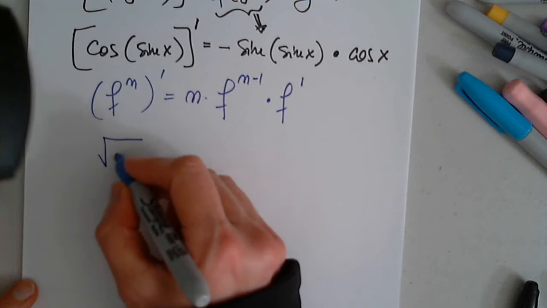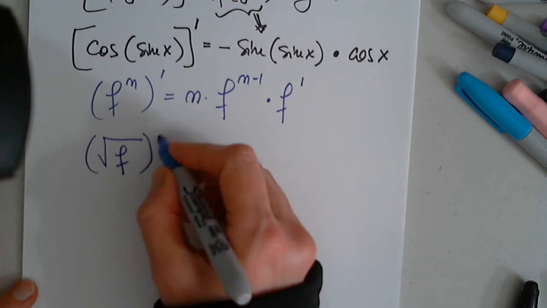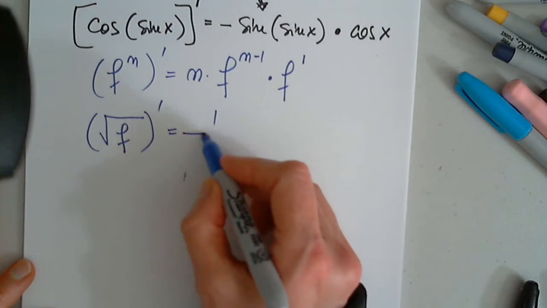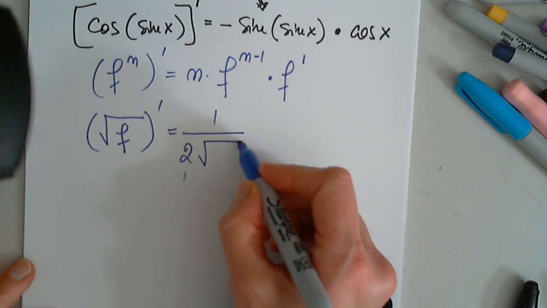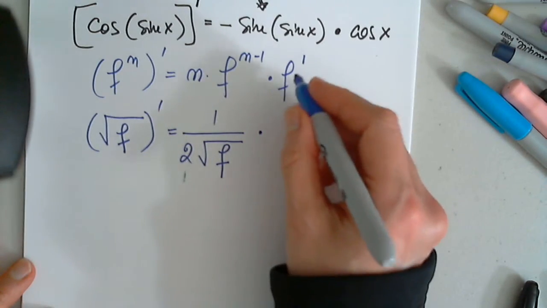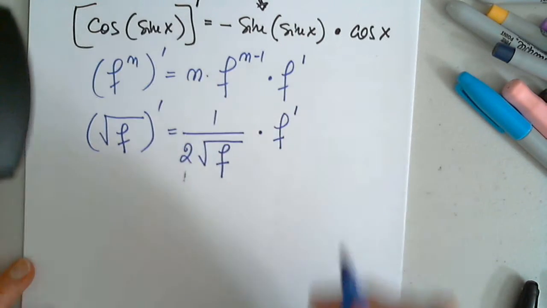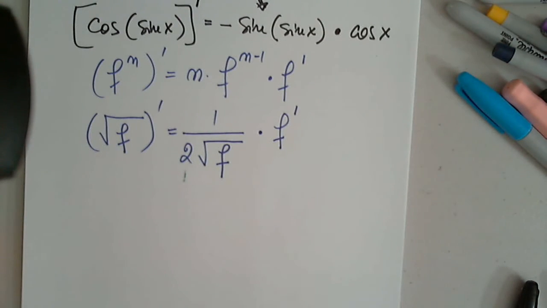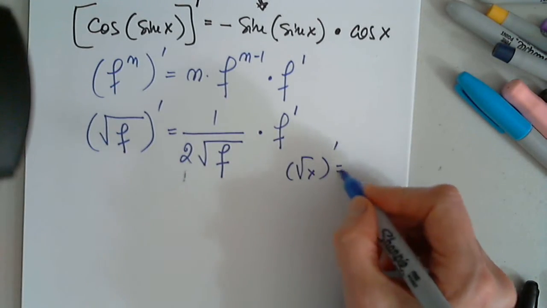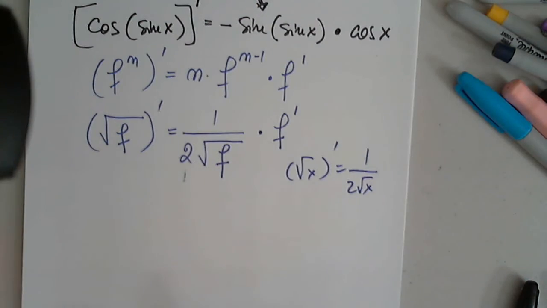But it's better and easier to remember it as we had it before: 1 divided by 2 times the square root of the function, of course, multiplied by f prime. Where does this come from? From the square root of x prime equals 1 over 2 the square root of x.